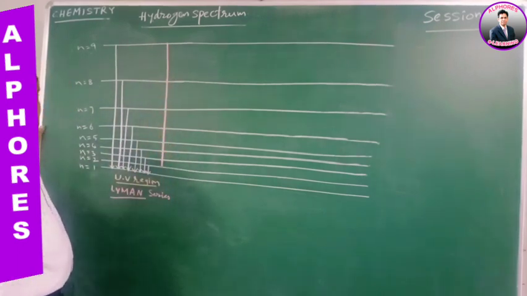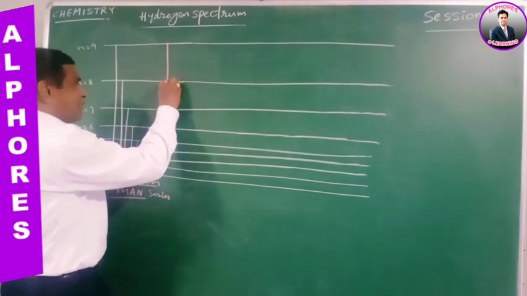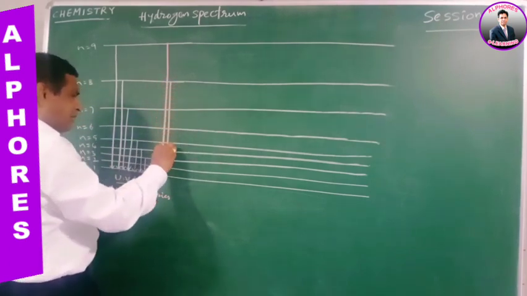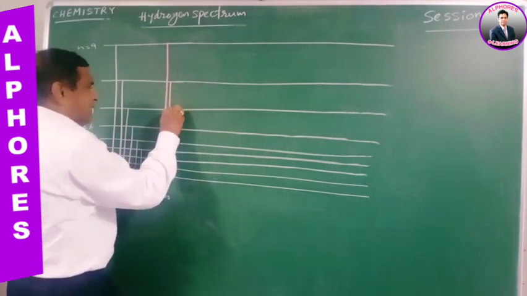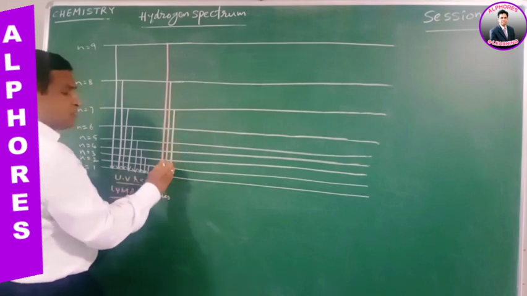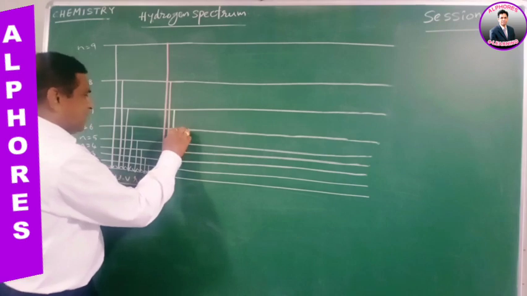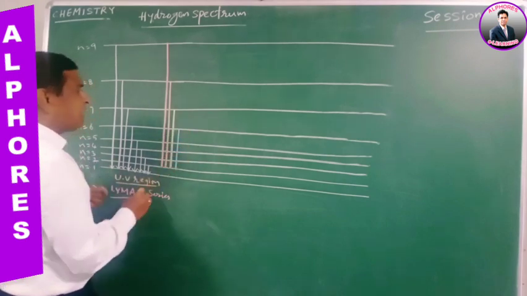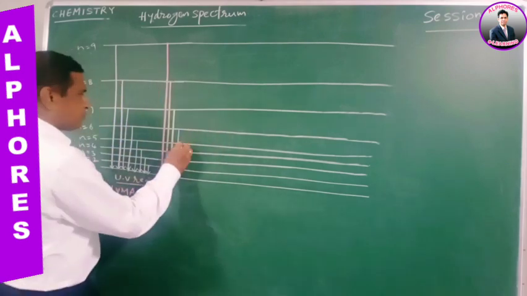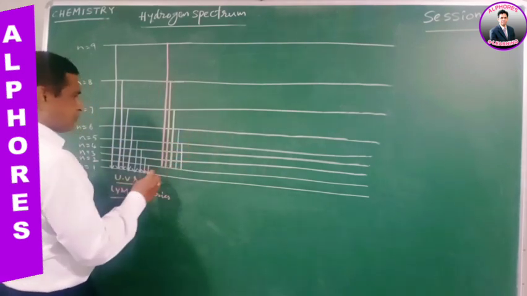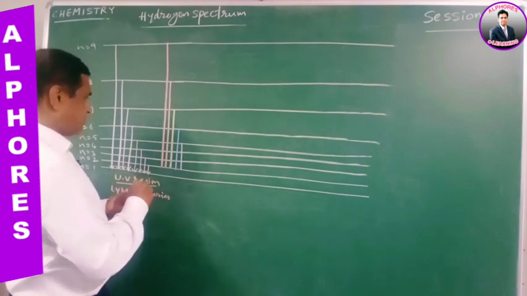I am drawing with different colors, because we can see all the different colors of the spectral lines, because all these spectral lines are visible. That means we can identify these spectral lines in the visible region of hydrogen spectra.